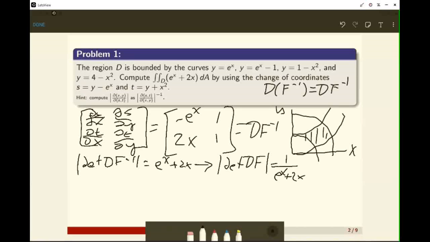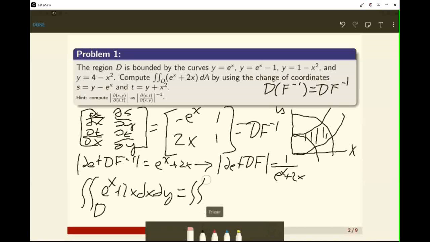because our integral, as in the theorem, our integral over the region D originally of e to the x plus 2x, if we were to do it dx dy or dy dx, is going to be the integral over the region D star, where we can put in the bounds.